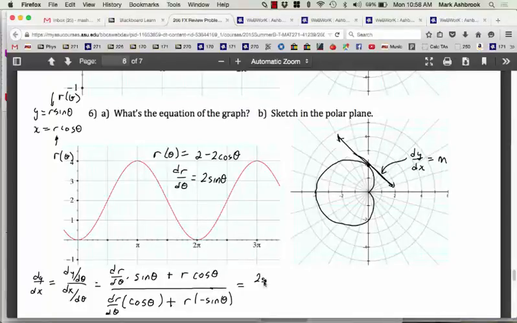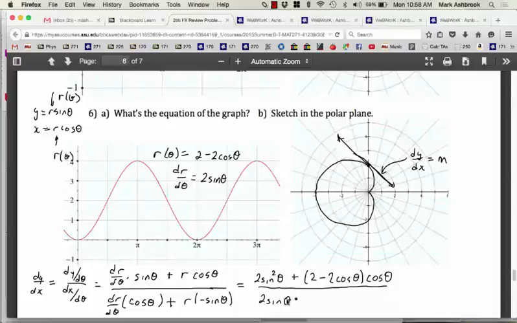We're going to have 2 sine theta squared, that's 2 sine theta times another sine theta, plus 2 minus 2 cosine theta times cosine theta, over 2 sine theta cosine theta minus r sine theta.